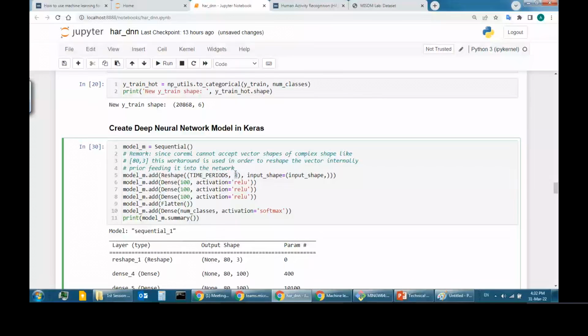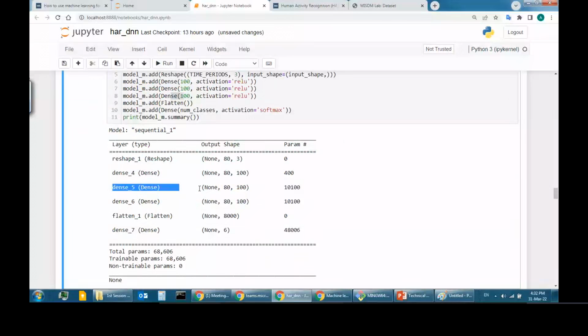So this is the first one, 80 by 3, and then another layer of 100 nodes, another of 100 nodes, another of 100 nodes. And finally, the output layer will be 6 categories. These are the categories, the classes. So building the neural network is just using Keras to add these layers.